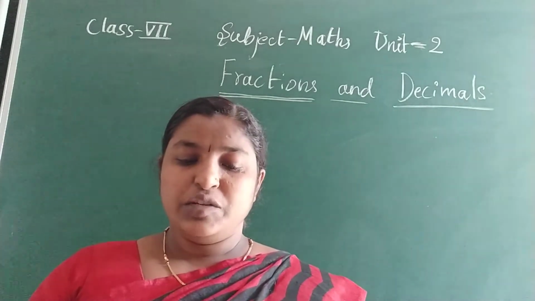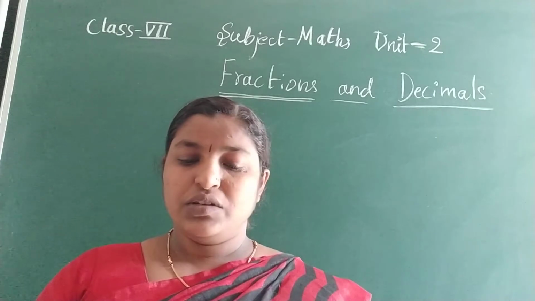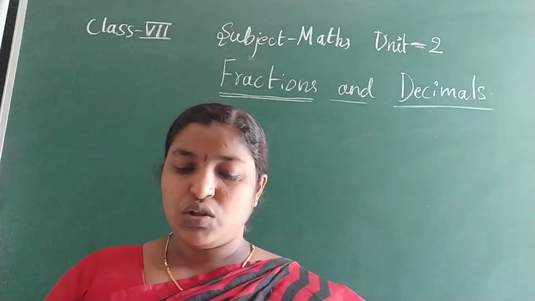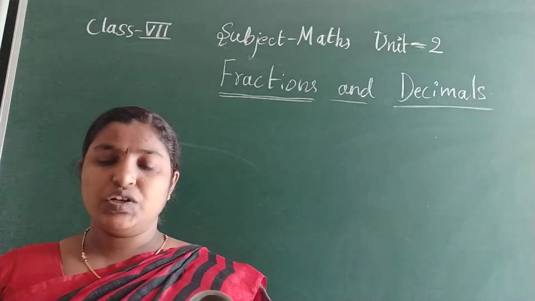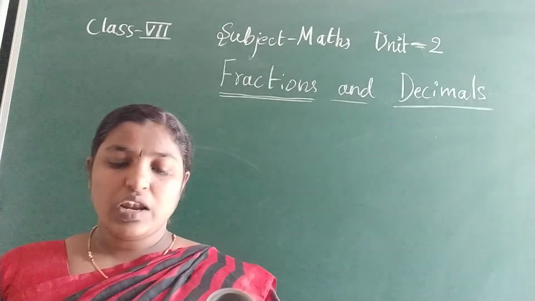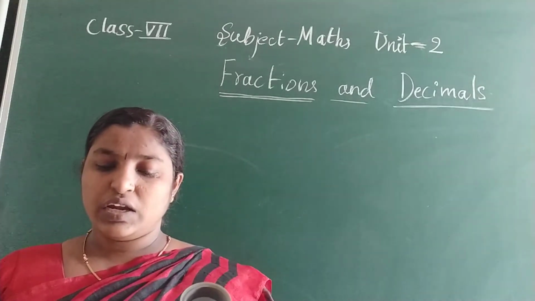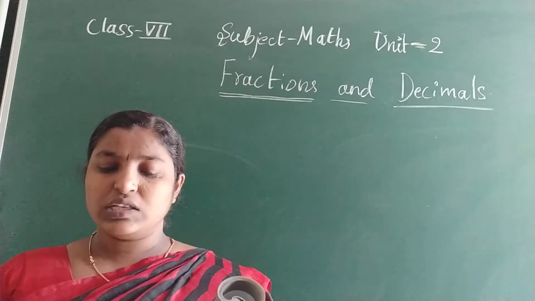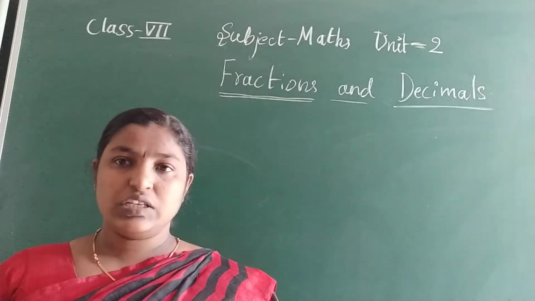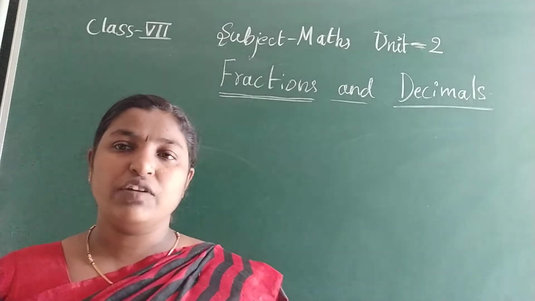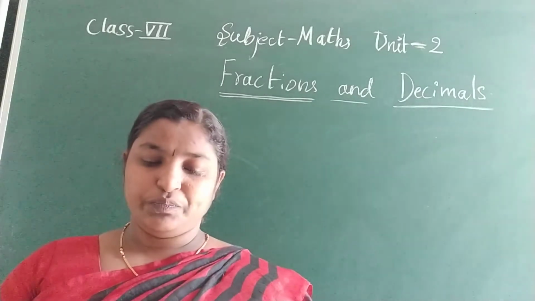Our study of decimals included their comparison, their representation on the number line and their addition and subtraction. We shall now learn multiplication and division of fractions as well as decimals. This is the introduction given in our textbook.